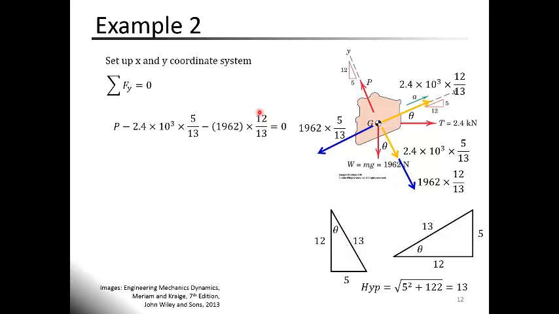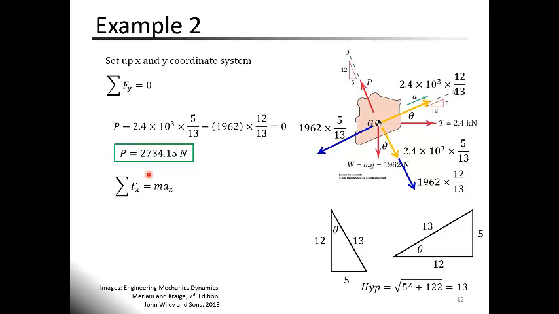This component here is negative because it's going in this direction, where the positive direction of the y is going up. So this component is negative, and these are the three forces in the y direction with their signs. They are equal to 0, and based on this we can calculate the value of P, which is the reaction force between the car and the cable, which is 2,734.15 Newton.